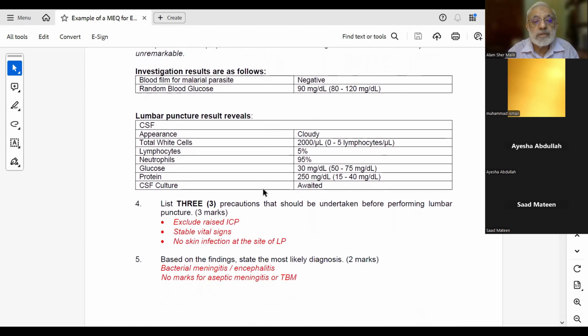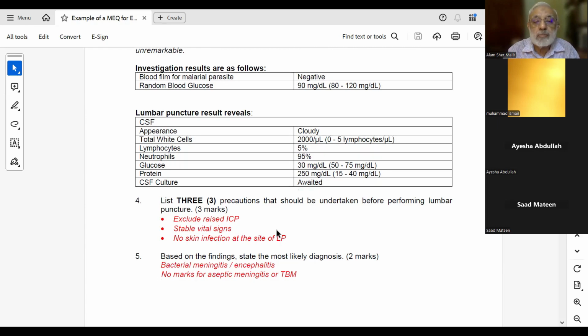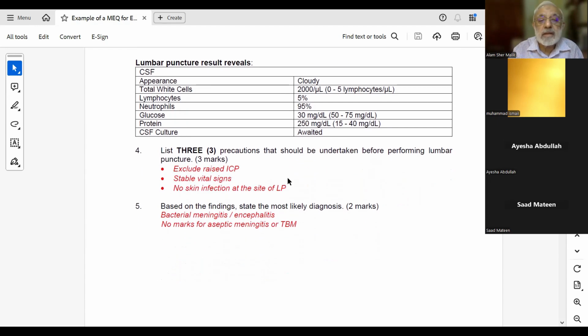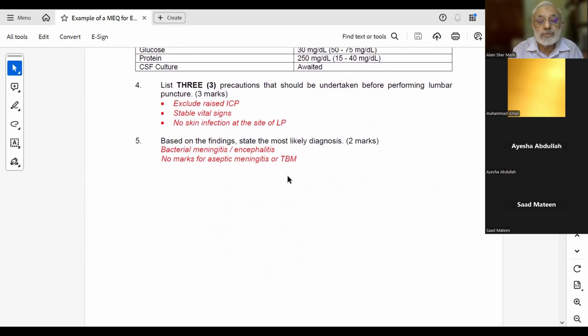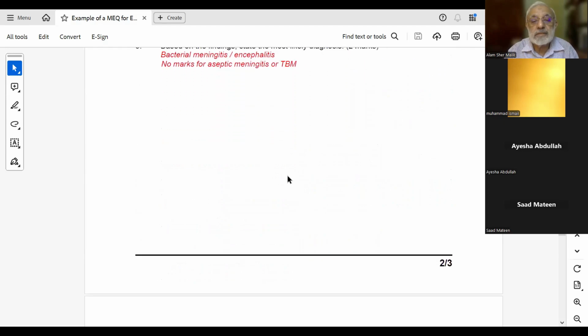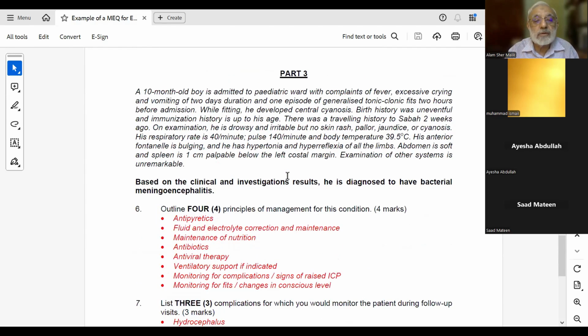And then we ask questions: list 3 precautions that should be taken before performing lumbar puncture. Based on the findings, state the most likely diagnosis. This means they have to interpret these laboratory results and write the most likely diagnosis. Once students have answered this, again they submit it and go on to the next part.